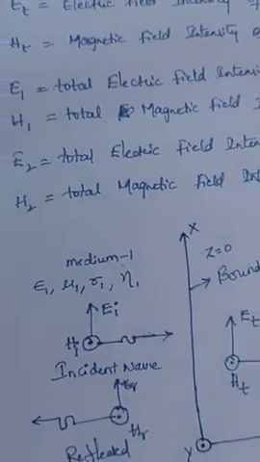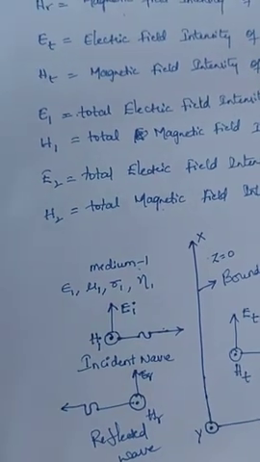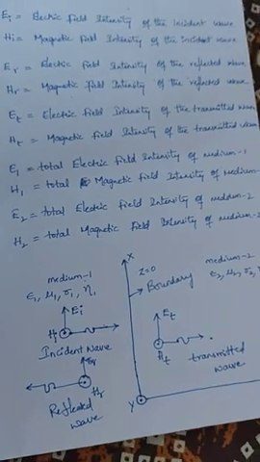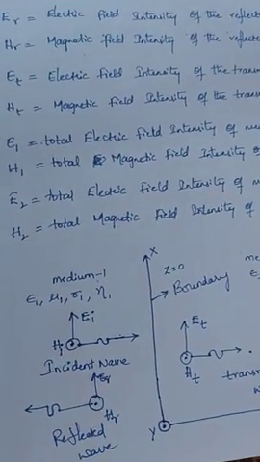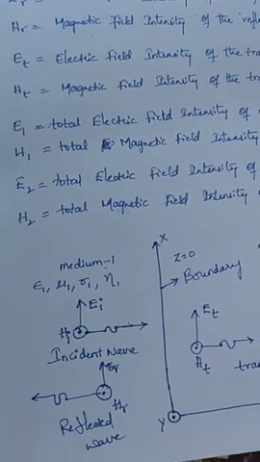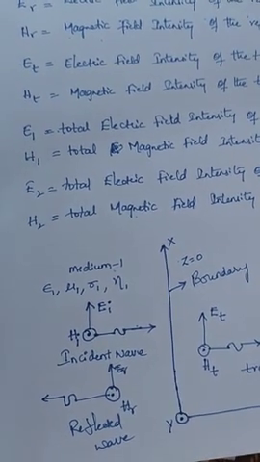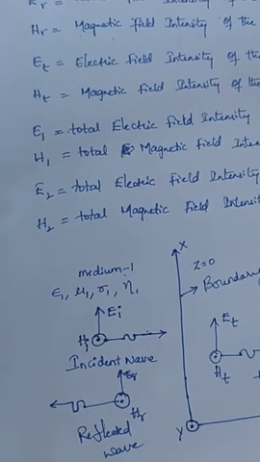In medium 1, E1 is the total electric field intensity of medium 1. Here the total electric field intensity is the incident wave electric field intensity and the reflected wave electric field intensity. This can be seen from this diagram.